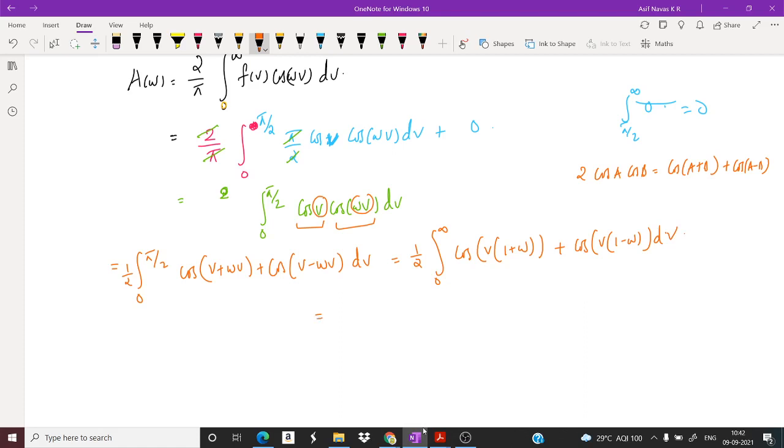So this is equal to 1 by 2 times sine of 1 plus omega v divided by 1 plus omega, plus sine of 1 minus omega v divided by 1 minus omega.